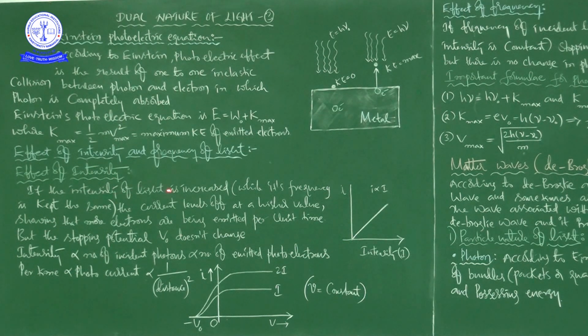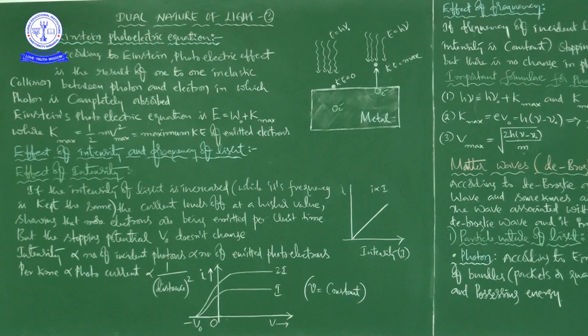If the intensity of light is increased, the current levels off at a higher value, showing that more electrons are being emitted per unit time. Suppose for example there are 10 electrons and the intensity of light is increased.